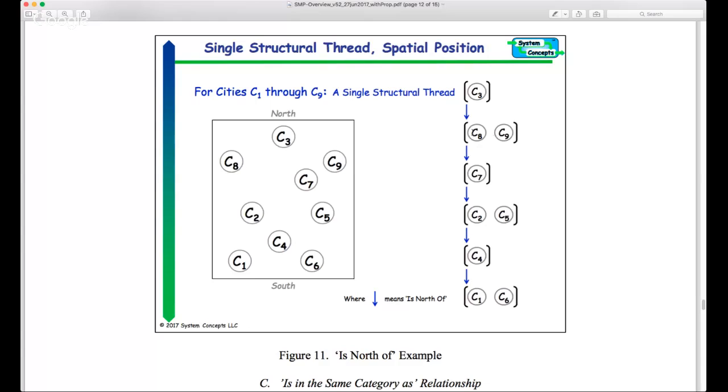But unlike is heavier than, now we allow two cities to be at the same level or at the same latitude. And really what we're doing here is not so much ordering the cities directly in the set, we're actually ordering the latitude.